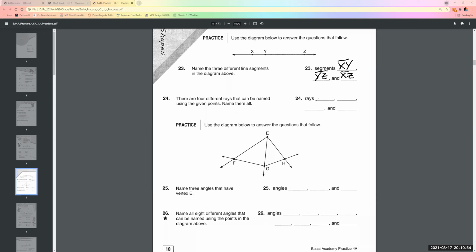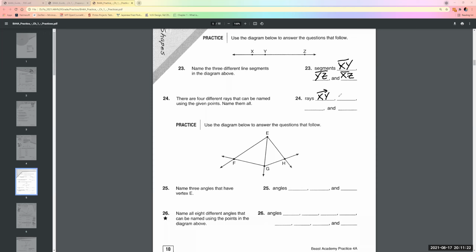Do you want to name all of them? Maggie, I think you're muted. XY, XZ, XZ.